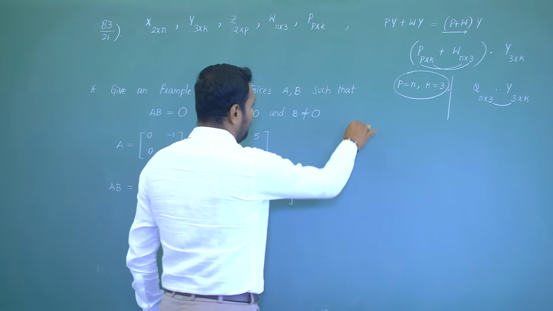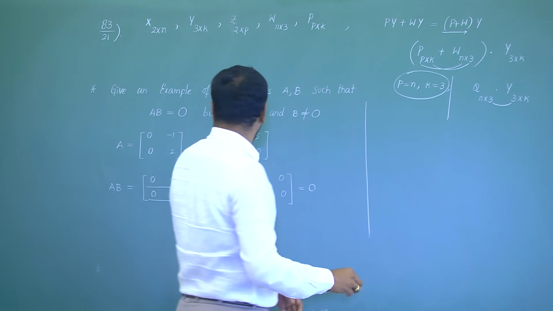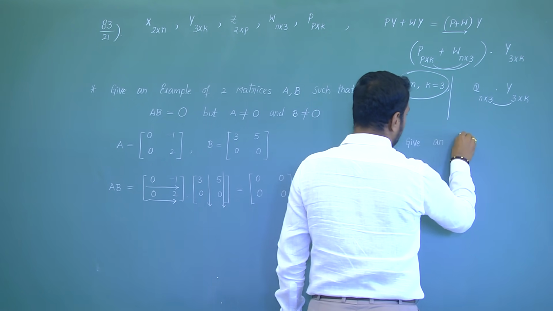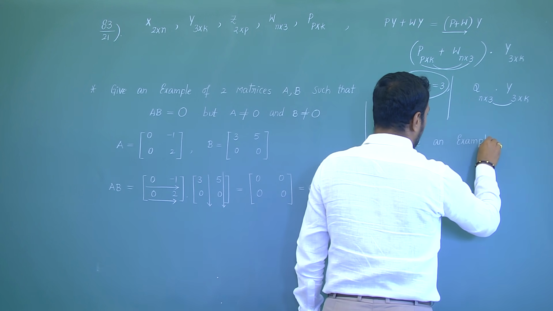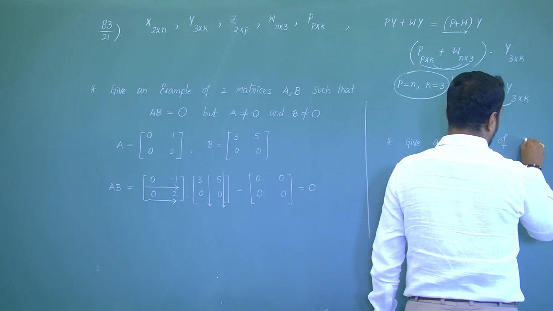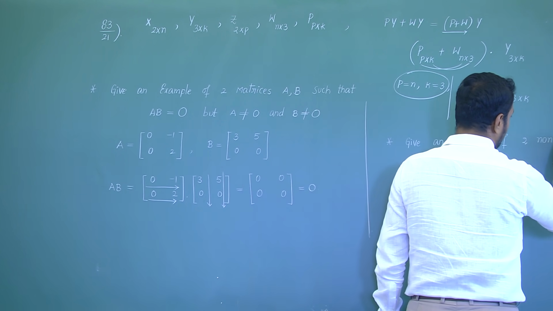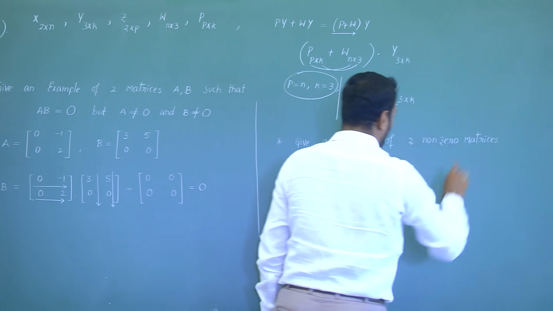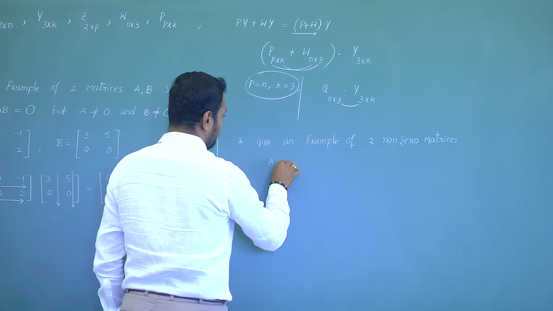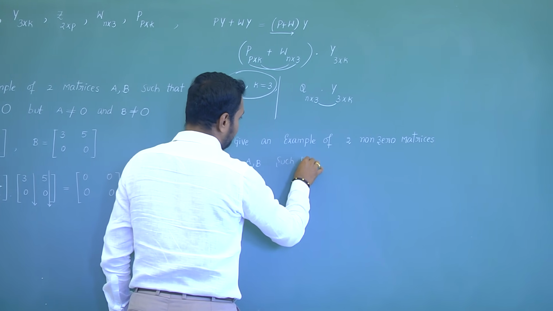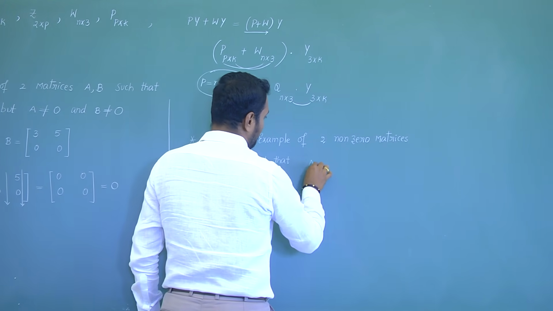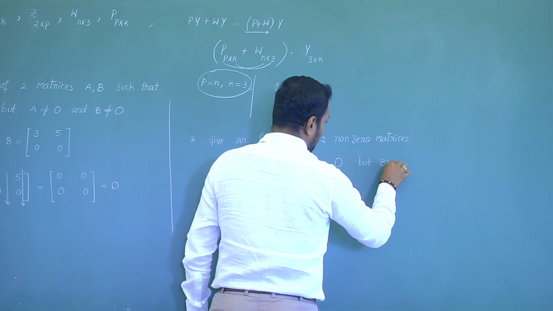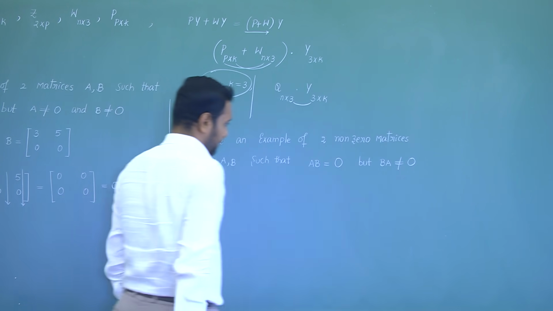The extended case of this is, they may also ask like this: give an example of two non-zero matrices capital A, capital B such that AB equals the null matrix but BA is not equal to the null matrix.